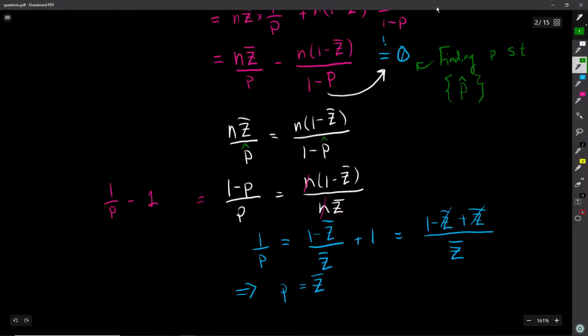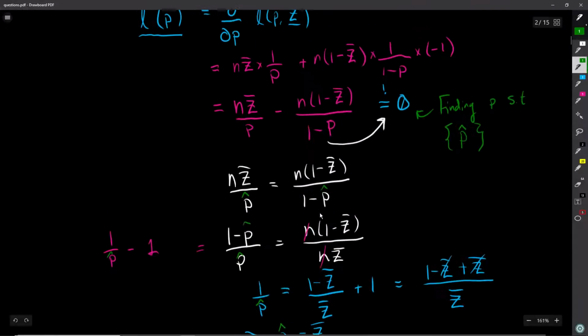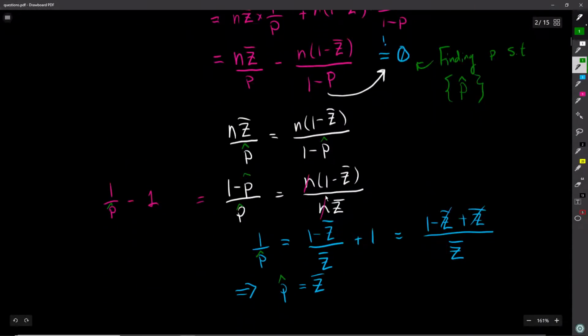Right? And the idea is the estimate that we're finding here, our maximum likelihood estimator, is going to be p hat, and that's the value that solves this equation equal to 0. So just to be clear on the notation here, that can be a little bit confusing, but I'm not saying that the parameter p equals z bar. I'm saying that our best guess as the estimate of this parameter equals z bar. And so that's the process of finding the maximum likelihood in the binomial case.